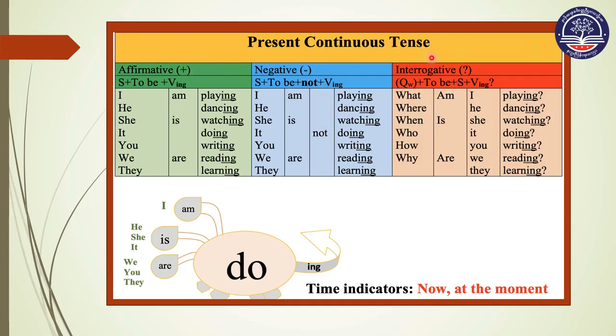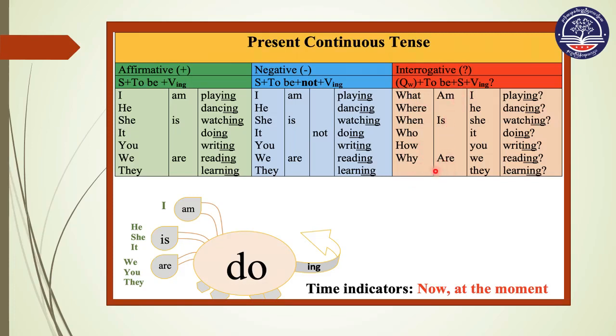Now, how do we make it into questions? So over here, these are the question words in the first column. It depends on what you want to ask, so you can use the words what, where, when, who, how, why. You have to have the question word first. And then you have the verb to be, the same thing: am, is, and are.